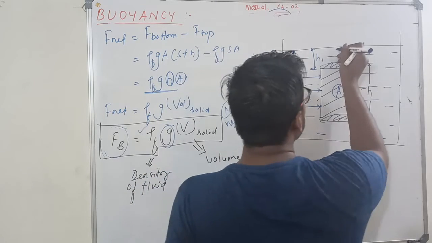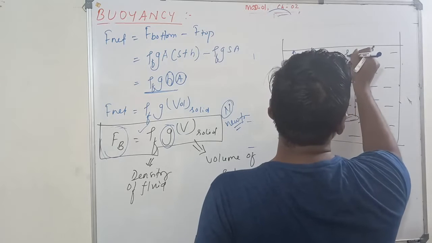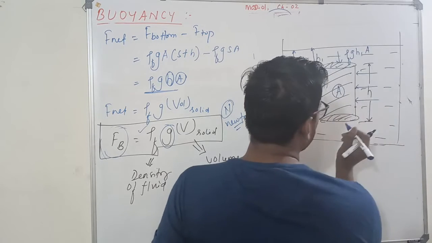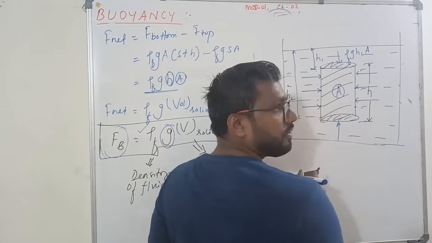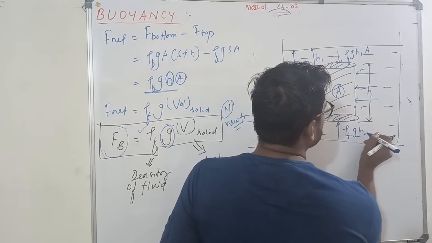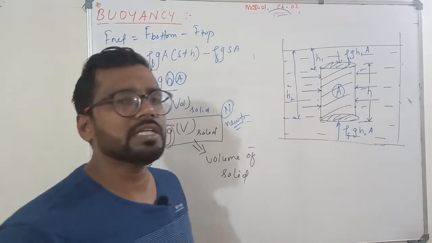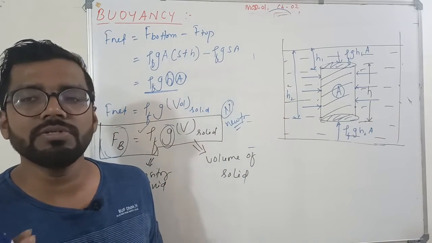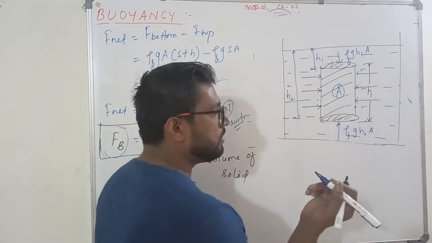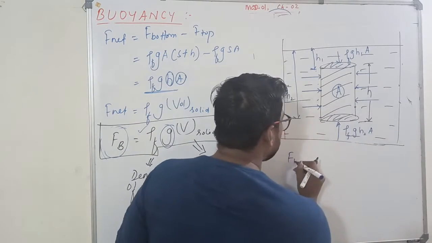What will be the pressure force acting on the top? rho G H1 A, where rho is the density of the fluid. What is the total force acting on the bottom side? rho F G H2 A. We are considering homogeneous fluid, which means constant density. So in this case, now you can tell me F net.